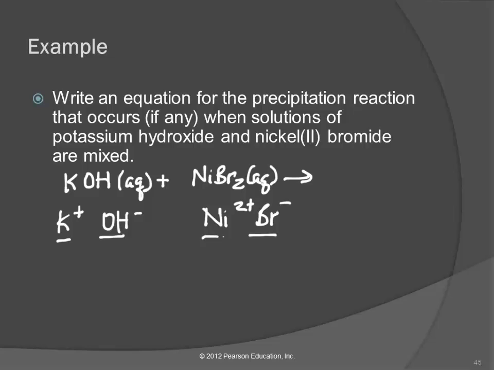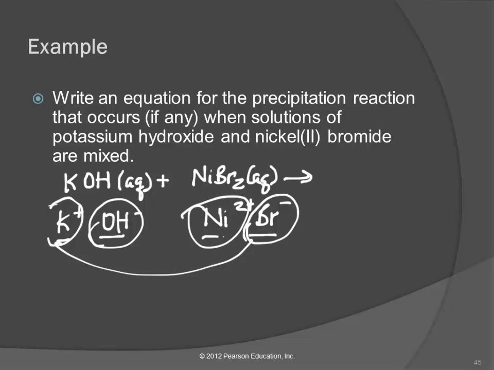But now we're going to swap partners. So potassium is going to dance with bromine, and hydroxide and nickel-2 are going to meet up at the party. So then over here, again underneath, I'm going to write the formulas for these ions.